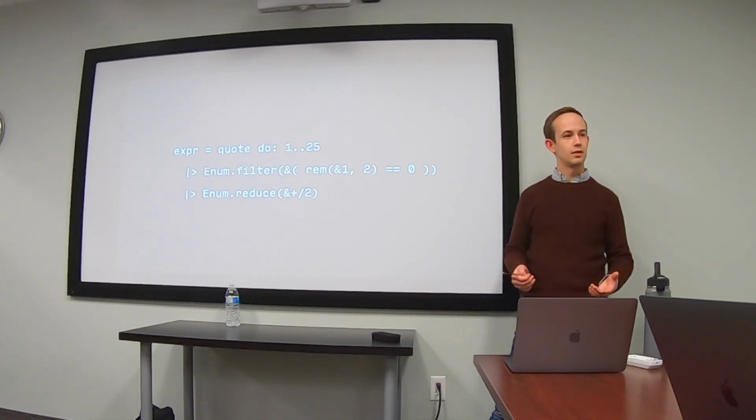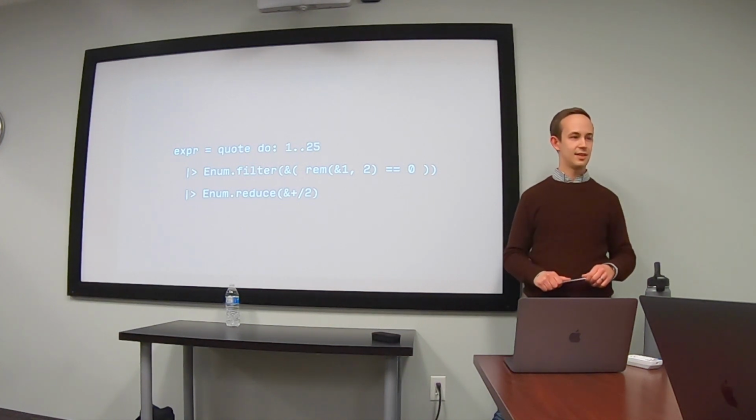Oh, so the execution of the code happens only after everything's expanded. Exactly. Yes. So nothing is executed; the expansion happens at compile time. Exactly. Makes sense. Now I'm with you.